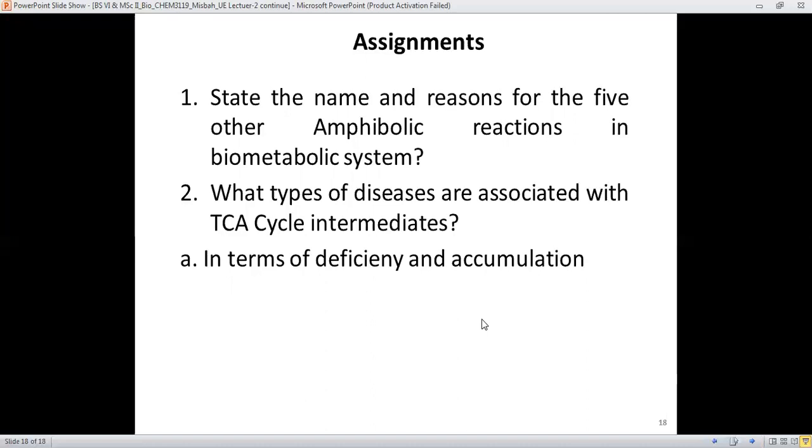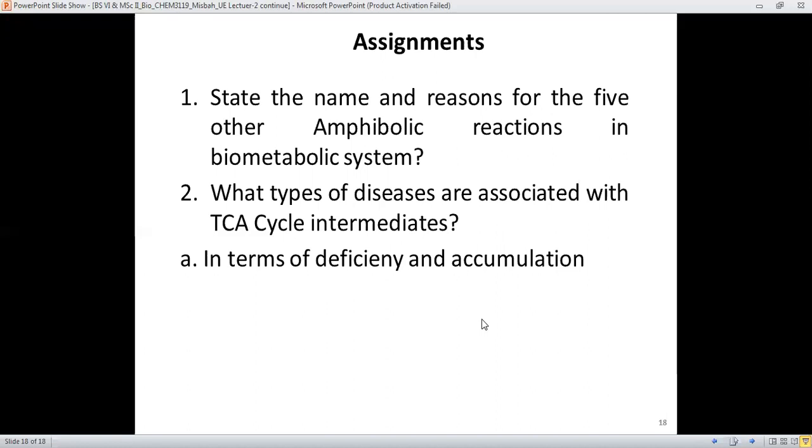I have told you that the citric acid cycle is amphibolic, and you have to give the names and state five other reactions, and you have to state the reason as well why you are calling them amphibolic reactions which are taking place in the metabolic system. You have not to state that they are taking place in the lab. They must be taking place in the living system.